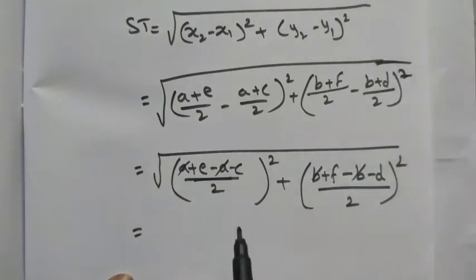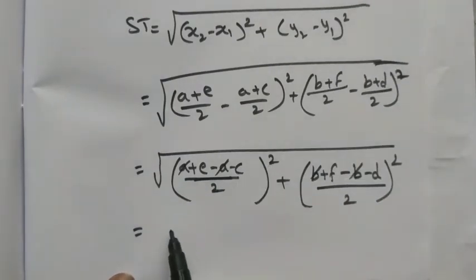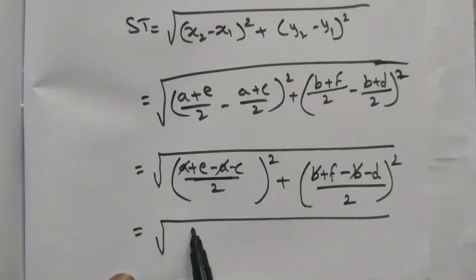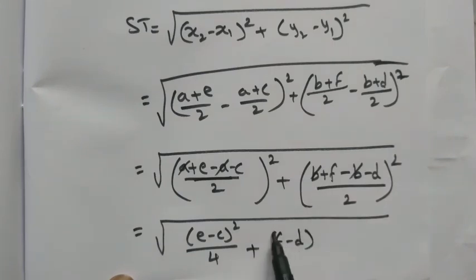If I square the term, we get the numerator (E minus C) whole square divided by 4, plus (F minus D) whole square divided by 2 square, which is 4. I am squaring the numerator and denominator separately. When we square the denominator, we get 4.